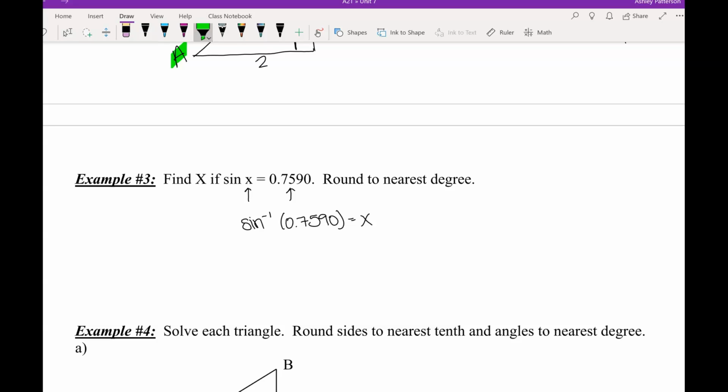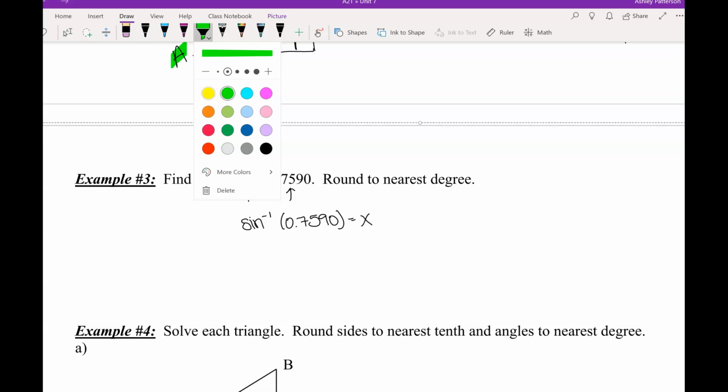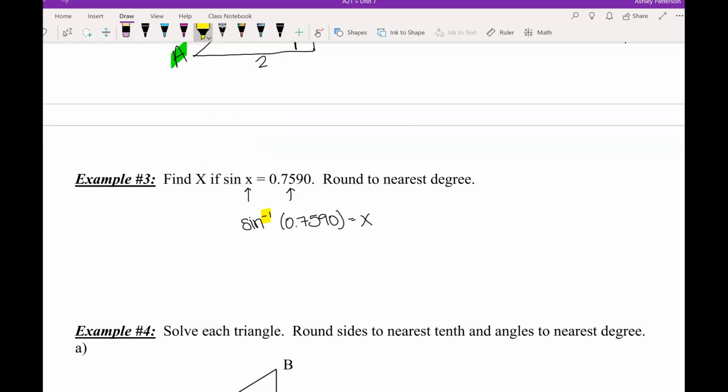Okay, remember that when we talked about inverses, the -1 exponent means inverse. So regular trig functions are applied to the angle. They give you the ratio of the sides. The inverse trig functions are applied to the side lengths. They give you the angle measure.